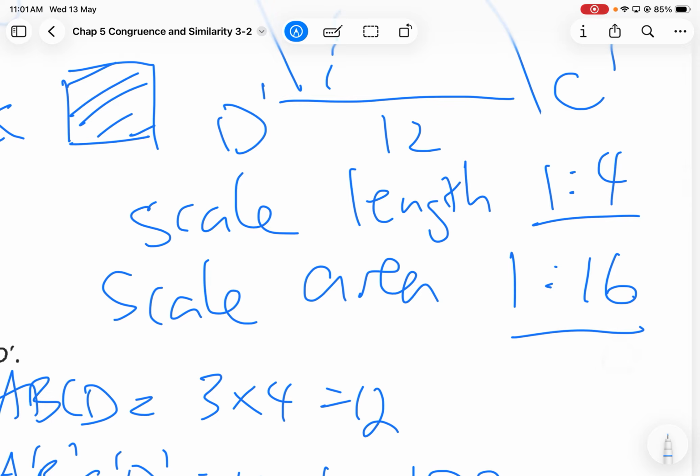So from the scale of length, I square 1, becomes 1. I square 4, becomes 16. So this is the connection between a scale of length and a scale of area. For the same image, the area will always be the square of the scale of the length.